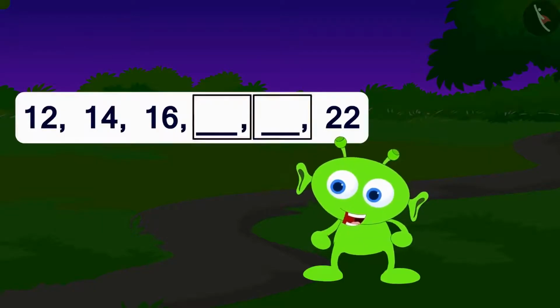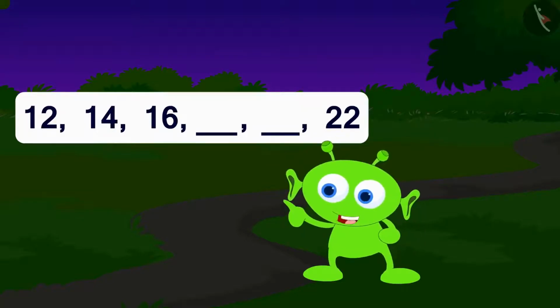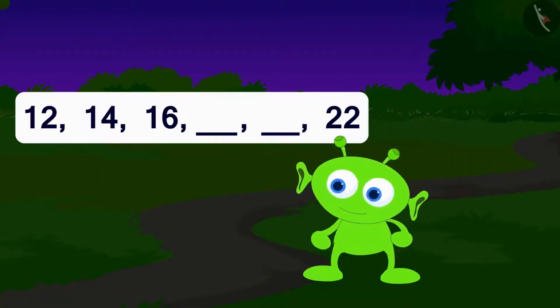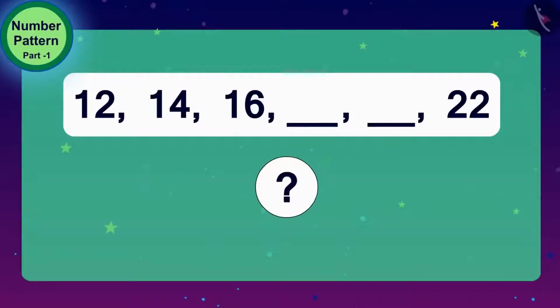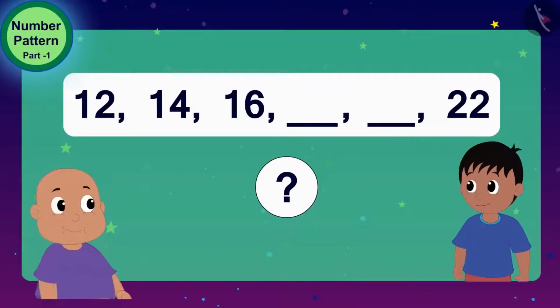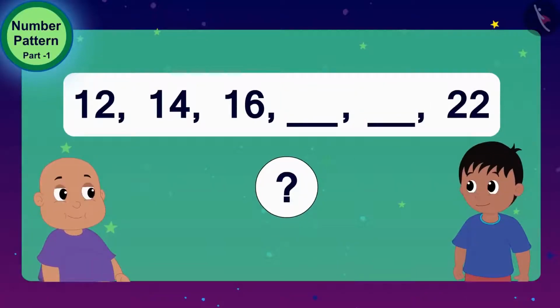Hey, but there are some numbers missing here. Can you find these numbers? This is your first puzzle, the alien told Raju and Bablu. Children, can you help Raju and Bablu in filling the blanks?